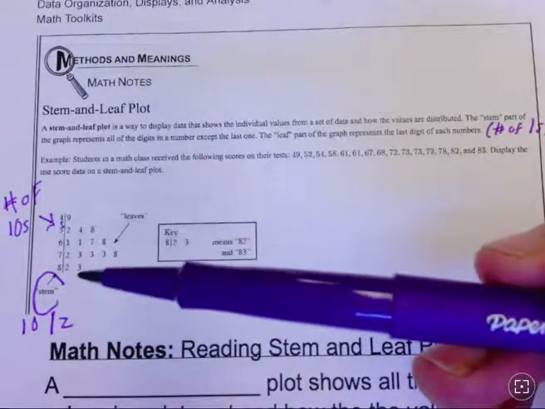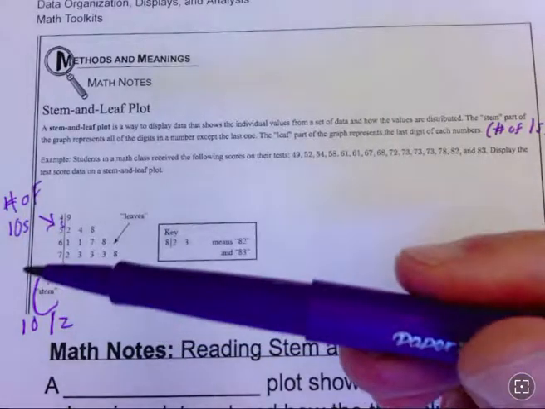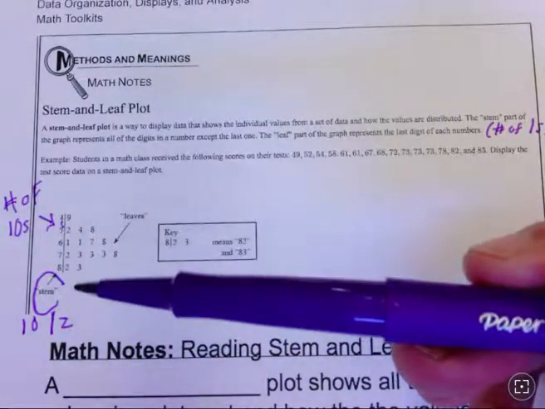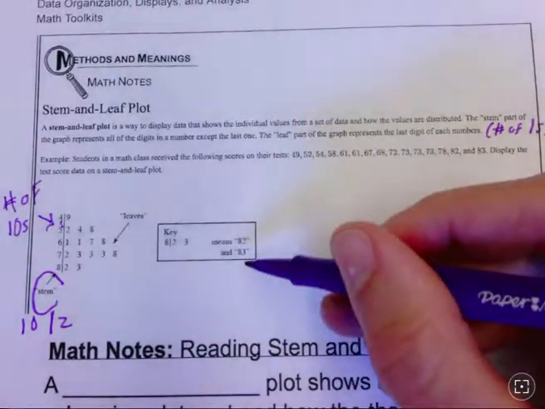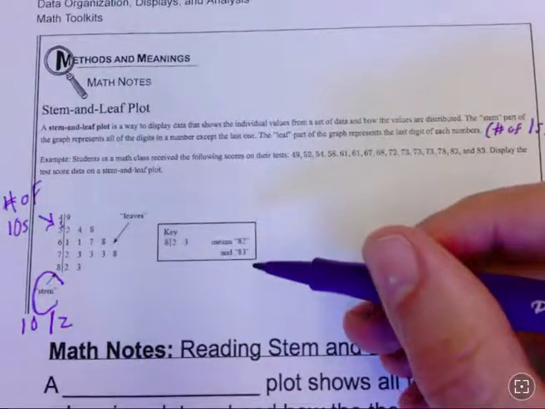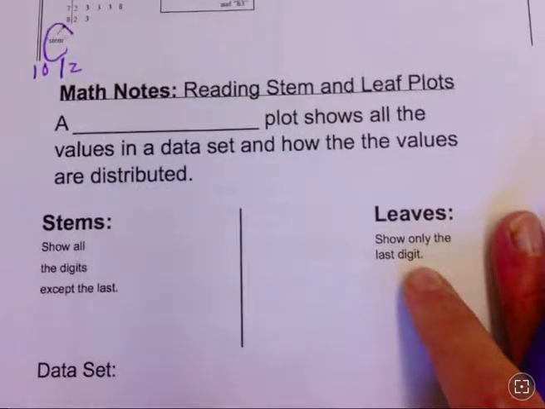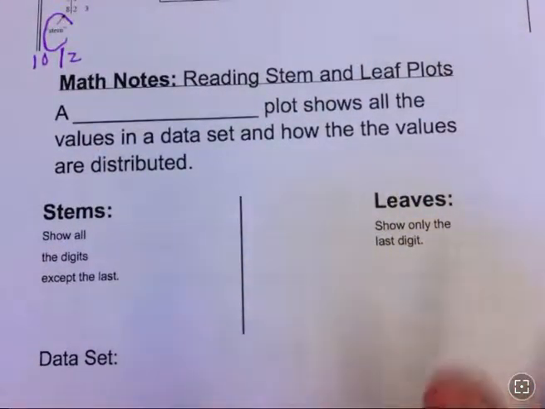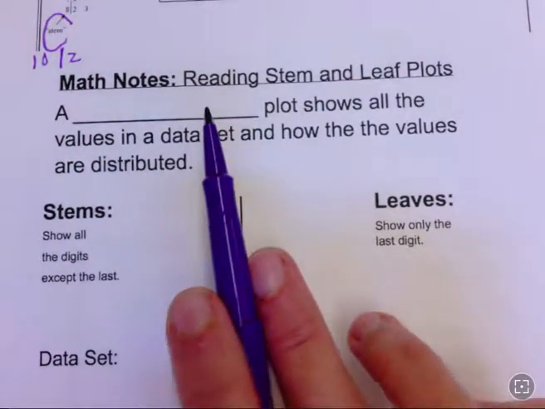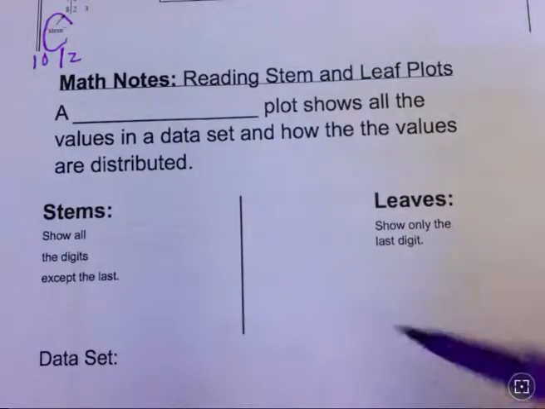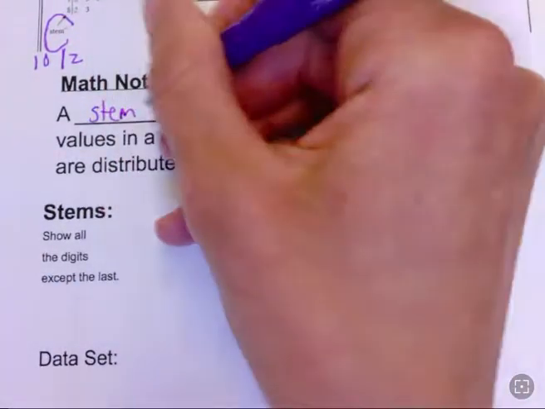That space reminds us it's a new piece of data, and that's 8 and 3 combined to make the data point 83. So this is an overview of how to read stem and leaf plots. But let's go ahead and make our own here. A stem and leaf plot shows all the values in a data set and how the values are distributed. This is kind of a silly blank here.